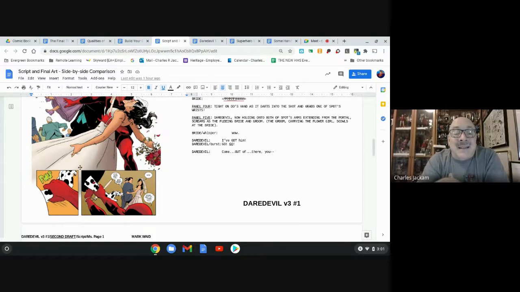A tight shot on Daredevil's hand as he grabs the wrist. And then now he holds on to both of the arms. He starts to extract him from the portal. There are screams, as people say, and he's saying, I've got him, go. Come out of there, you. And he's pulling.